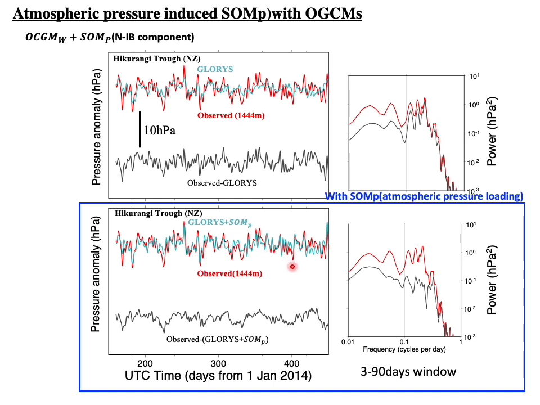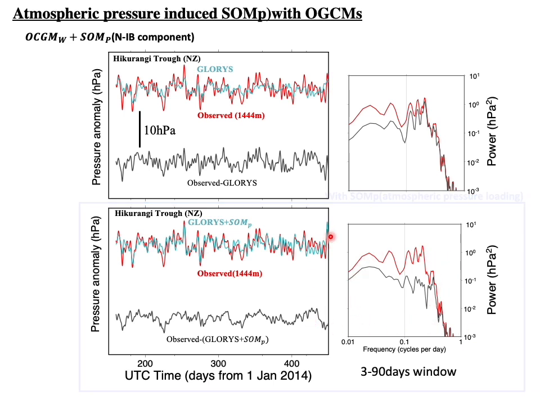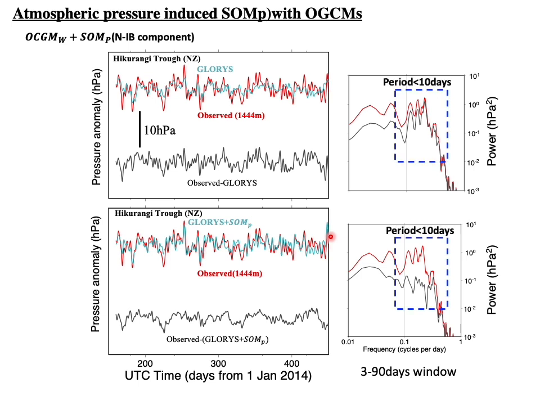That is, we can see from power spectra also, which show the power before and after correction by modeled OBP. The agreement is good at periods less than around 10 days. This result is consistent with previous research related to OBP variations induced by atmospheric pressure loading.